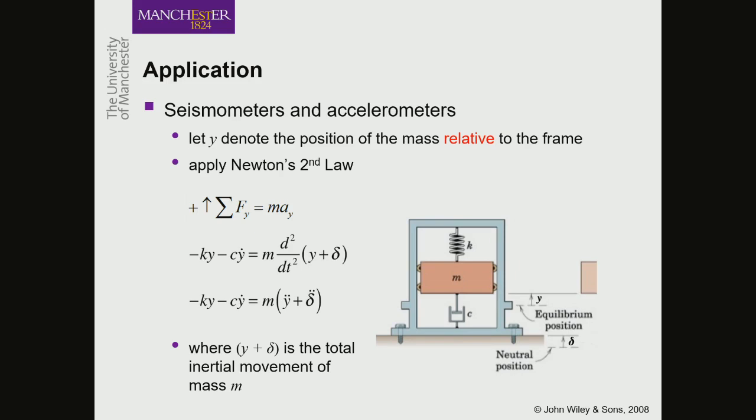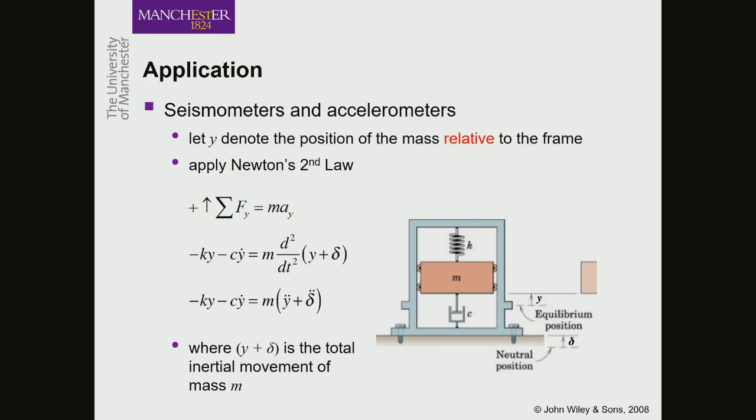The whole system, not just the mass or just the frame of the equipment. So we need to differentiate between those things. Delta is the displacement of the whole frame, with the system and the mass included. y is the displacement of the mass only.